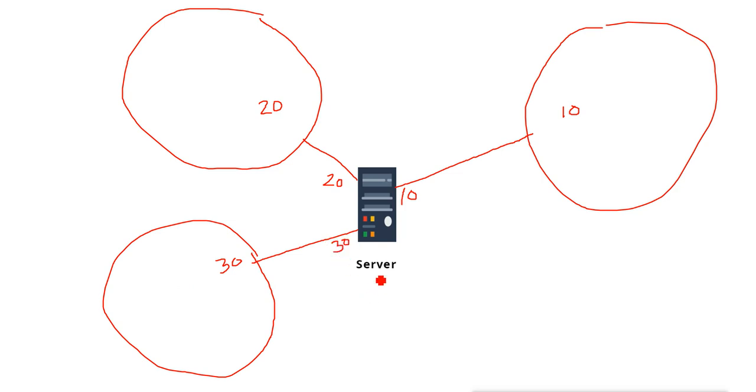So we can create a DHCP pool for IP addresses of network 10, another pool for network 20, and another pool for network 30. A pool of IP addresses means the IP addresses which we want to allocate to the clients.